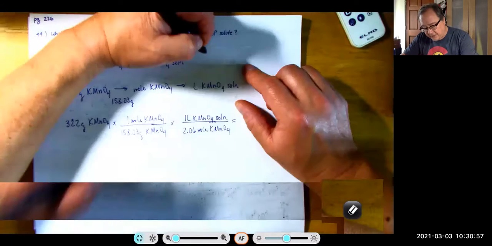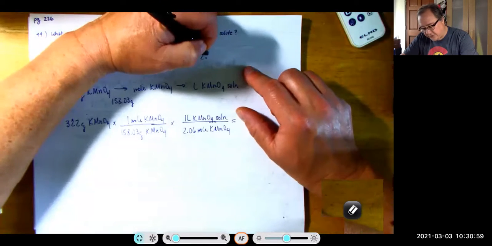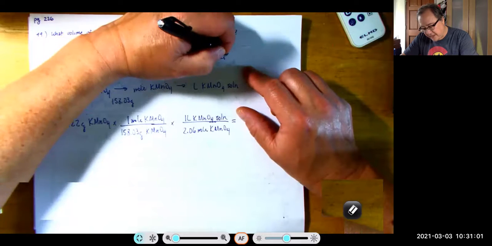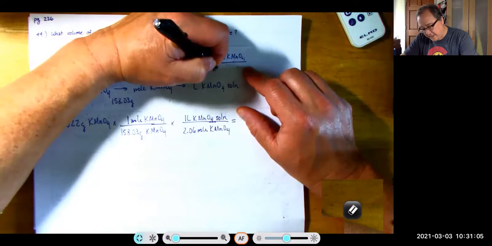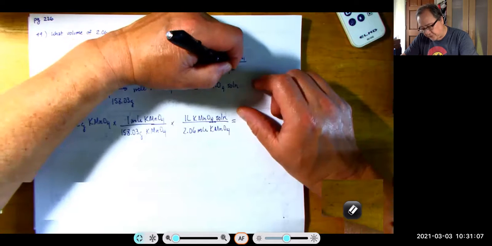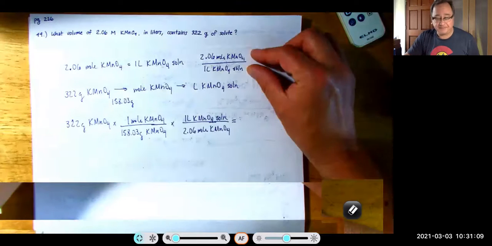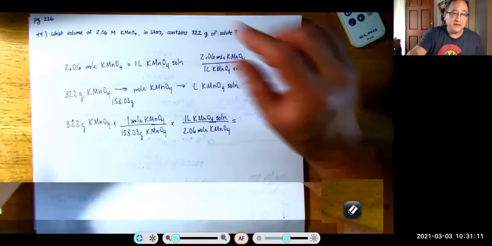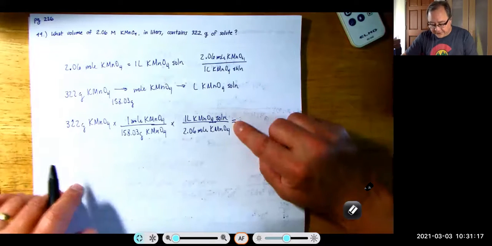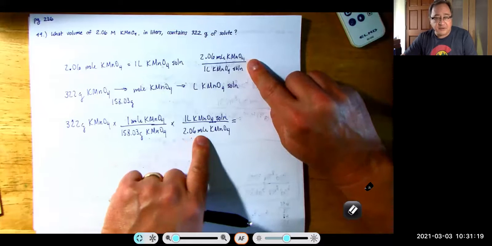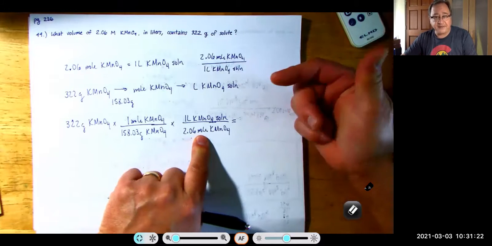Normally, when you write the molarity, you write 2.06 moles of KMnO4 per 1 liter of KMnO4 solution. So that's the way you normally write molarity. Now, if you take a look at how I'm actually using this, I'm not using it the way it's written. I'm using it upside down, so to speak.